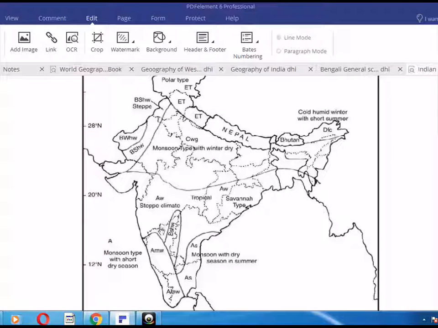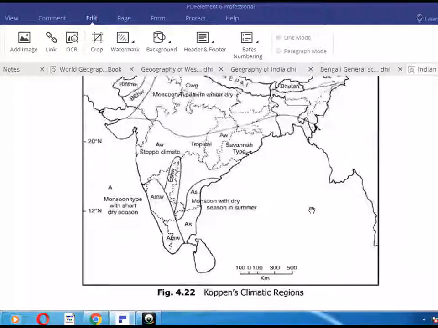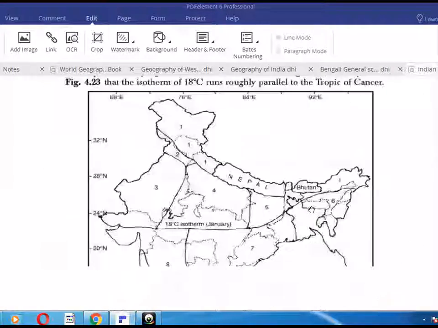Aw steppe climate. Monsoon with dry winter. Cwg. Eg polar type. BShw steppe. Cold, it is Dfc, cold humid winter. Okay, so it is important all the time. Let's remember.